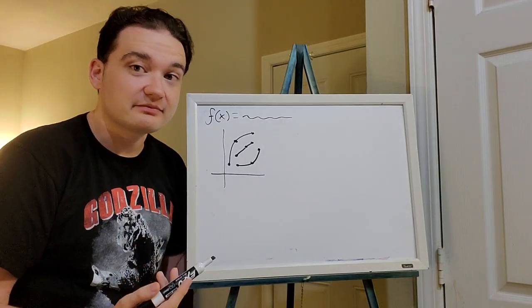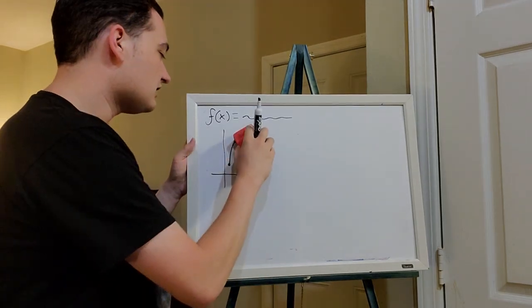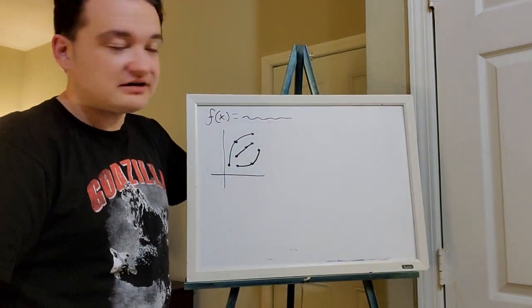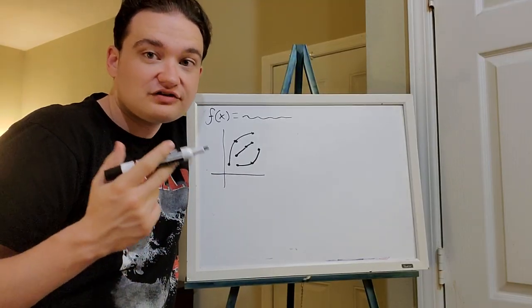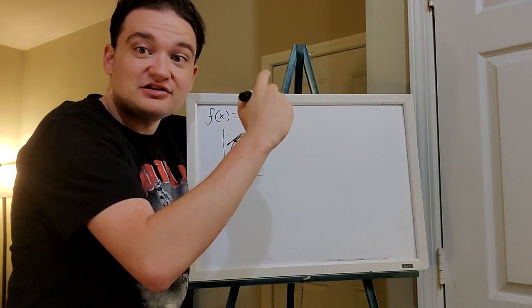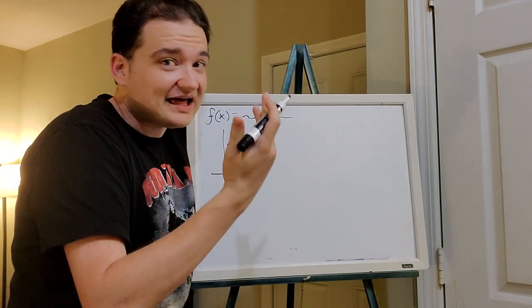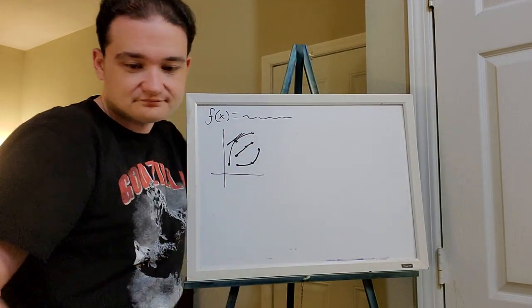This is what increasing means. Seems reasonable. Another way we could think about it is positive rate of change, positive slope. Our tangent lines are pointing up and to the right, if that helps. It's positive slope. That's increasing.